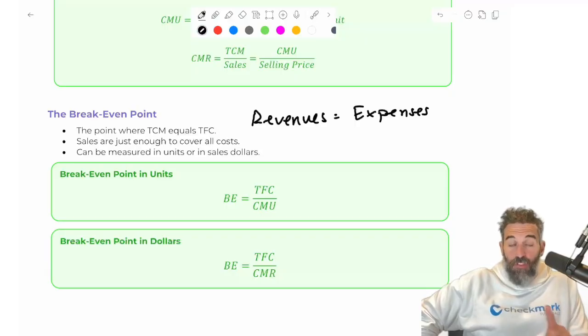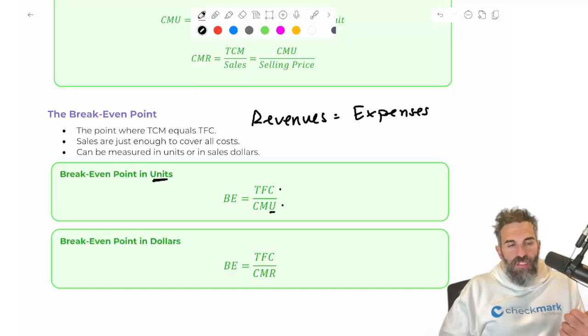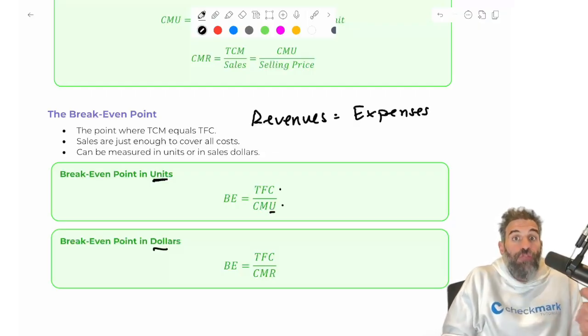And again, it depends on what they ask. If they ask you your break-even point in units, meaning how many t-shirts do I need to sell to break even, the formula is the total fixed cost divided by the CM per unit. So if they want to know in units, you use CM per unit. Or they might say in dollars. So instead of how many t-shirts do I need to sell, how many dollars worth of t-shirts do I need to sell?